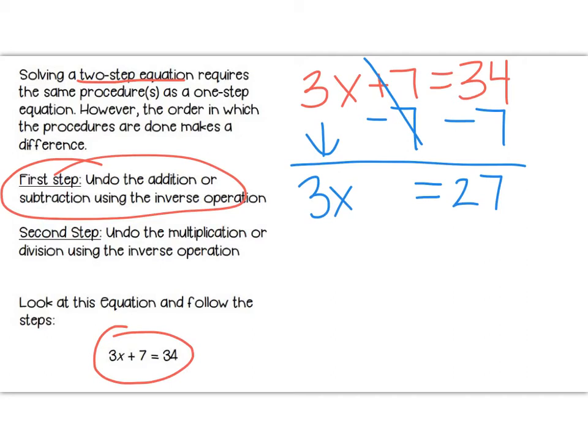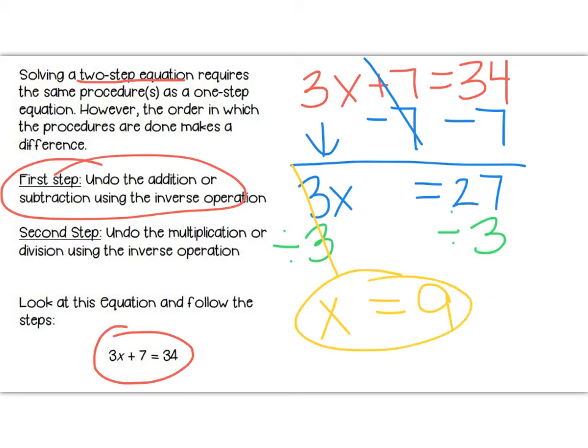So how do I solve this? I notice that 3 and x are attached by multiplication, so I need to divide by 3. And I need to take 27 and divide by 3. And since one's multiplying and one's dividing, the 3 is canceled. So I'm going to bring down the x. And 27 divided by 3 equals 9.